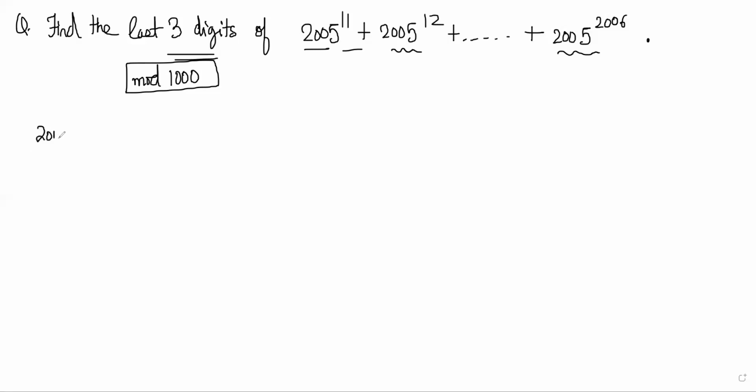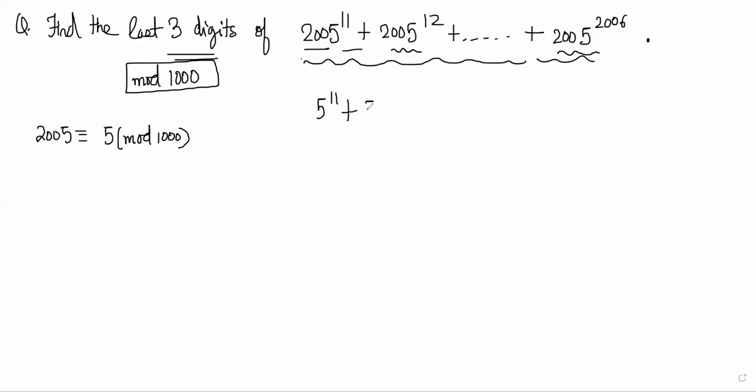You should note that 2005 is 5 mod 1000, so all of these can be written as 5 to the power 11, 5 to the power 12, up to 5 to the power 2006. Is the answer 850?